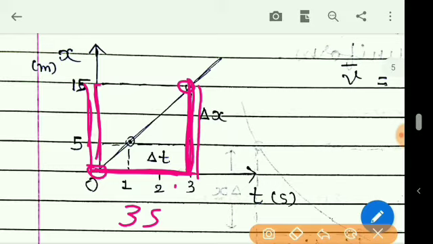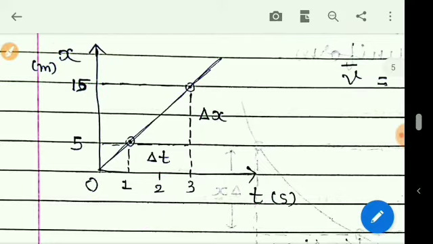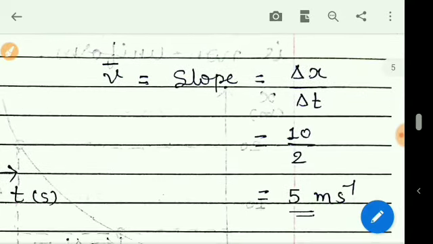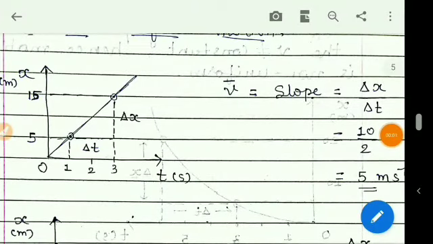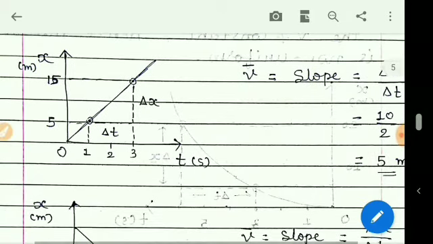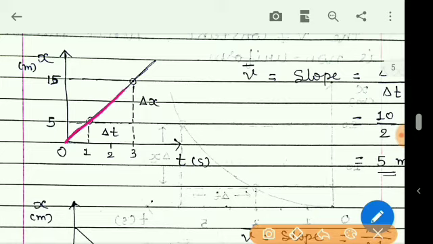So whenever there is a straight line, the slope remains same for this position time graph, and that slope will give you the average velocity, and it is positive in this case because the result obtained is plus 5. So students, always remember, for the upward slope like this, the velocity will be positive.